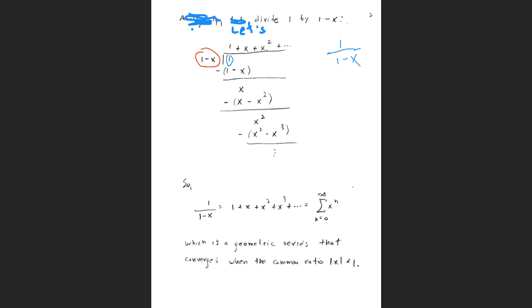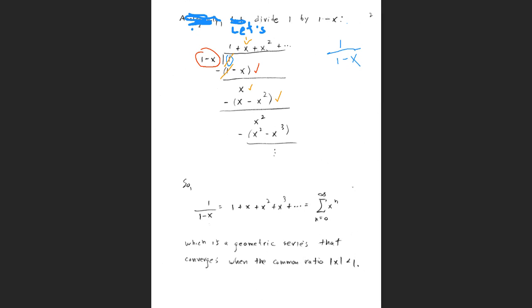And 1 minus x, if we take 1 times 1 minus x, we get 1 minus x. And we're going to subtract the 1 minus x. When we subtract the 1 minus x from the 1, the 1's cancel out, and you're left with x. Well, 1 minus x goes into x, x times. x times 1 minus x is x minus x squared.